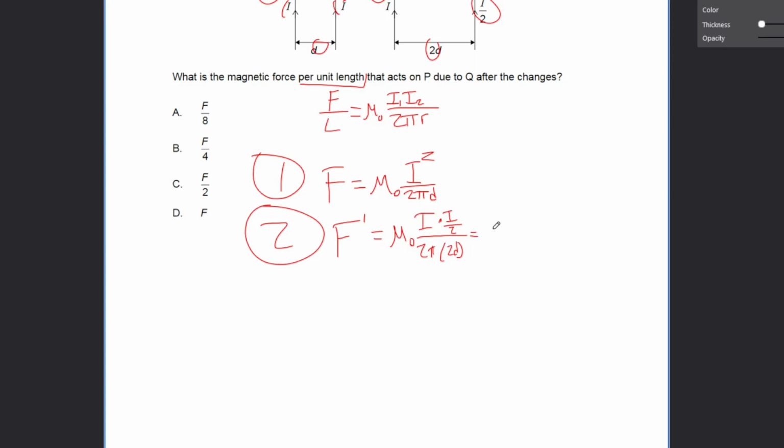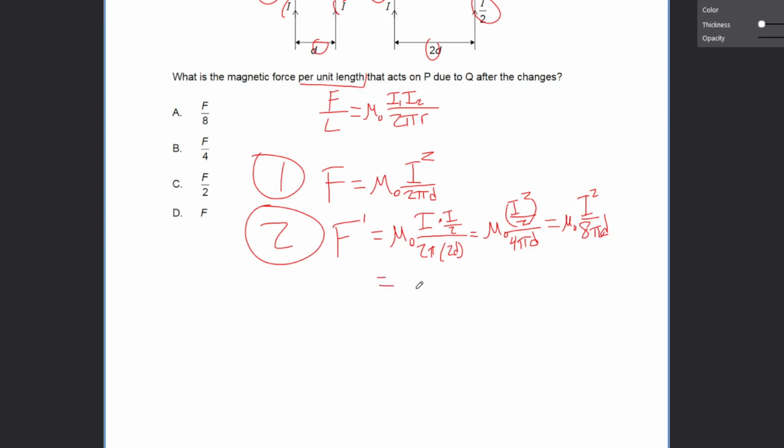You should get this as your next step. And then this 2, you can multiply 4 by 2 to get rid of this 2 here. So we're going to have the permeability of free space times I squared times 8 pi times d.